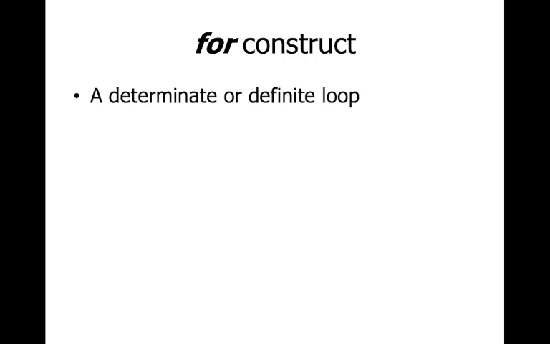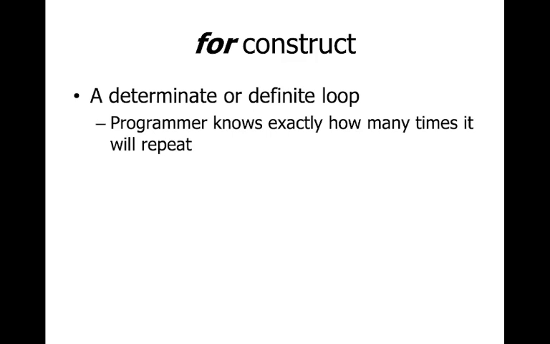So it is a determinate or definite loop. For construct is also known as a determinate or definite loop. So the meaning of this is the programmer knows exactly how many times it will repeat. So in the case of while or do while, we are not sure how many times it will be repeated. It is based on that test condition.